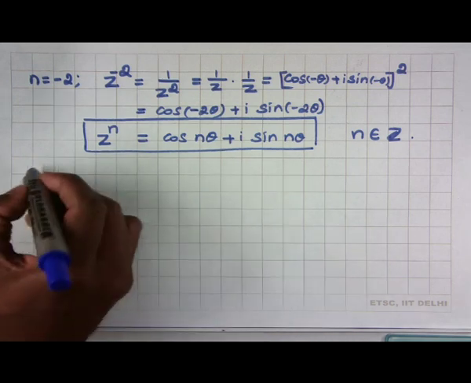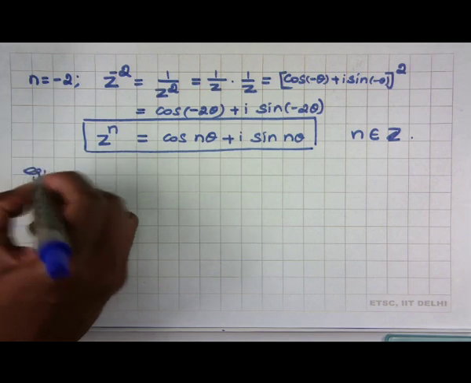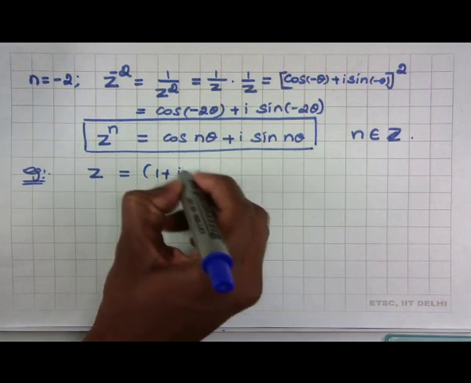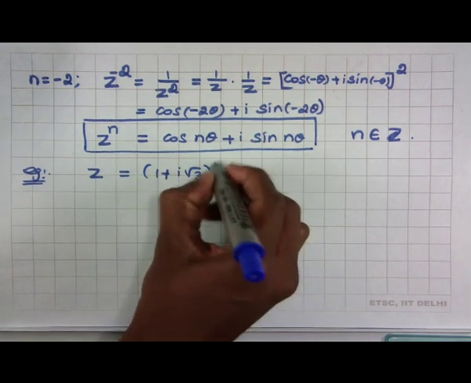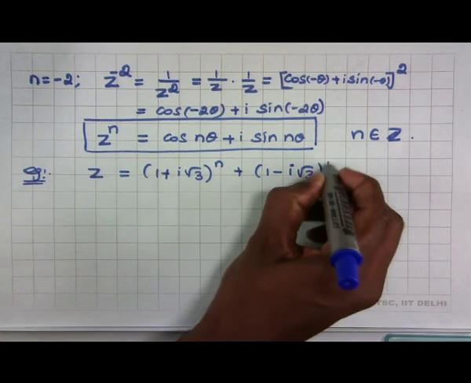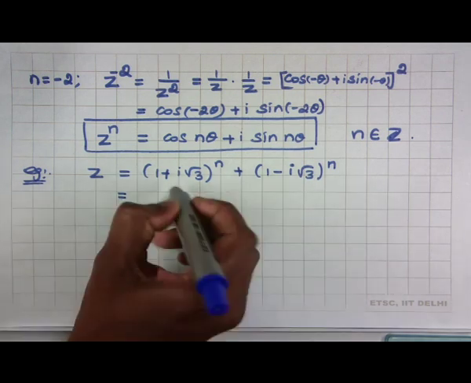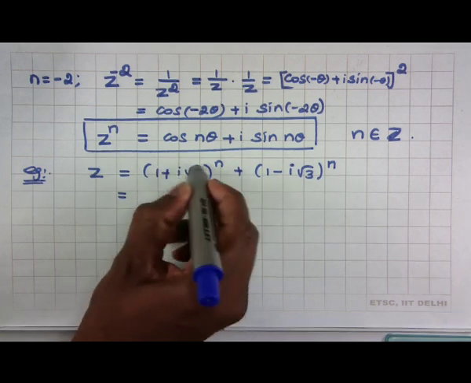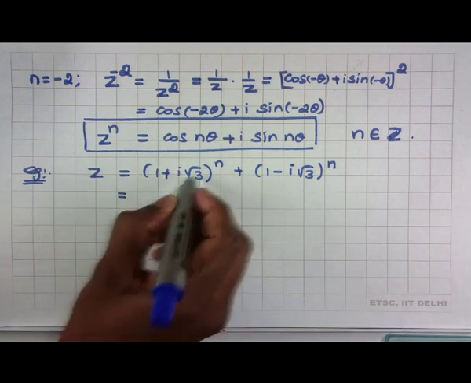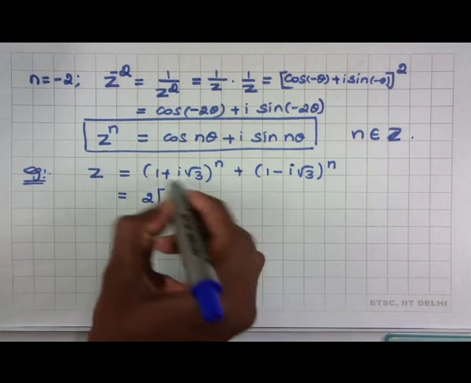Now, let us do a simple example. We would like to calculate the value of 1 plus I root 3 power n plus 1 minus I root 3 power n. What we know is the polar representation for this. We need to calculate first the modulus. Modulus is 2, and we need to calculate theta.